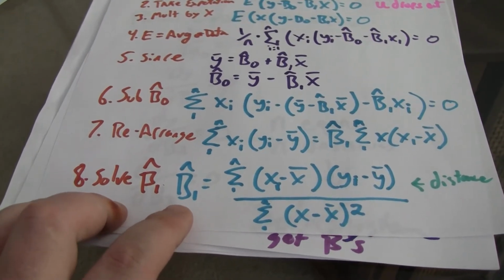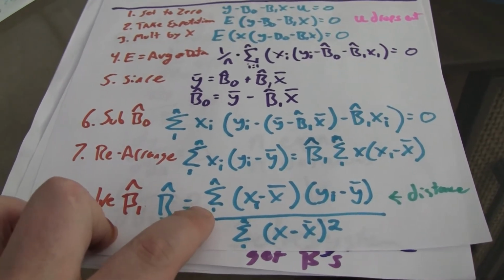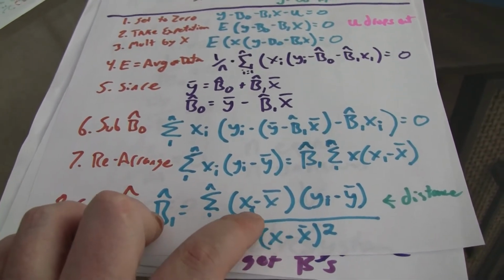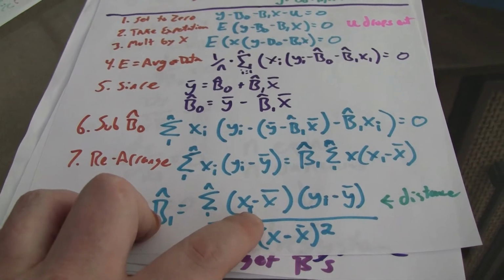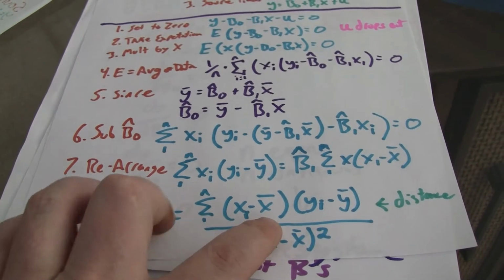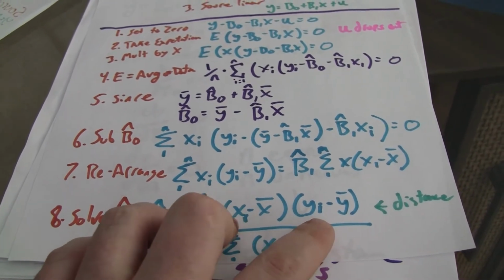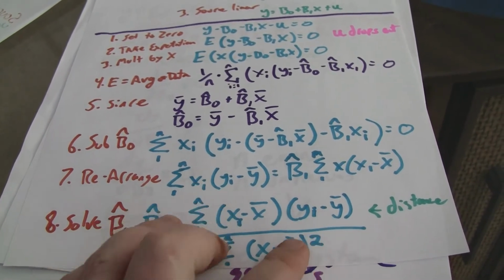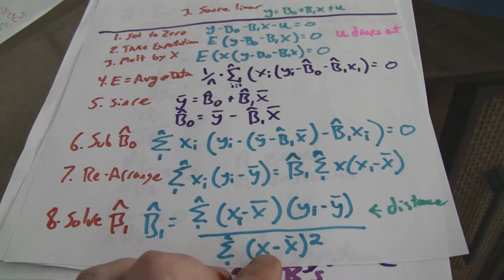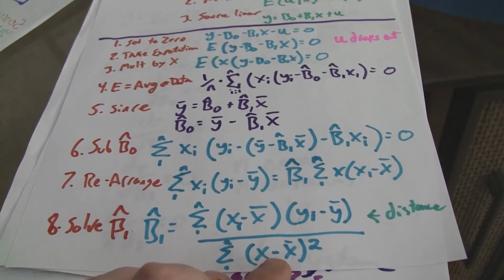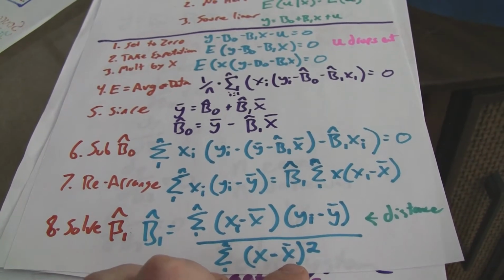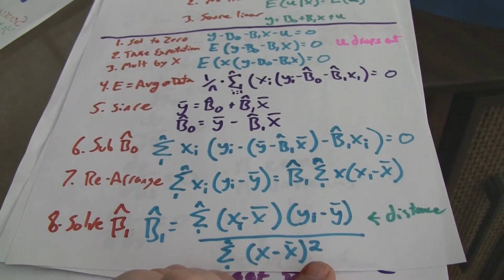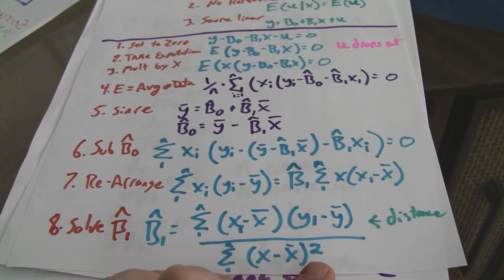And so we get beta 1 hat is the sum of the distance between all the x observations and the average value of x, multiplied by the y observations minus the average value of y, over the sum of the xi's minus x bar, squared.